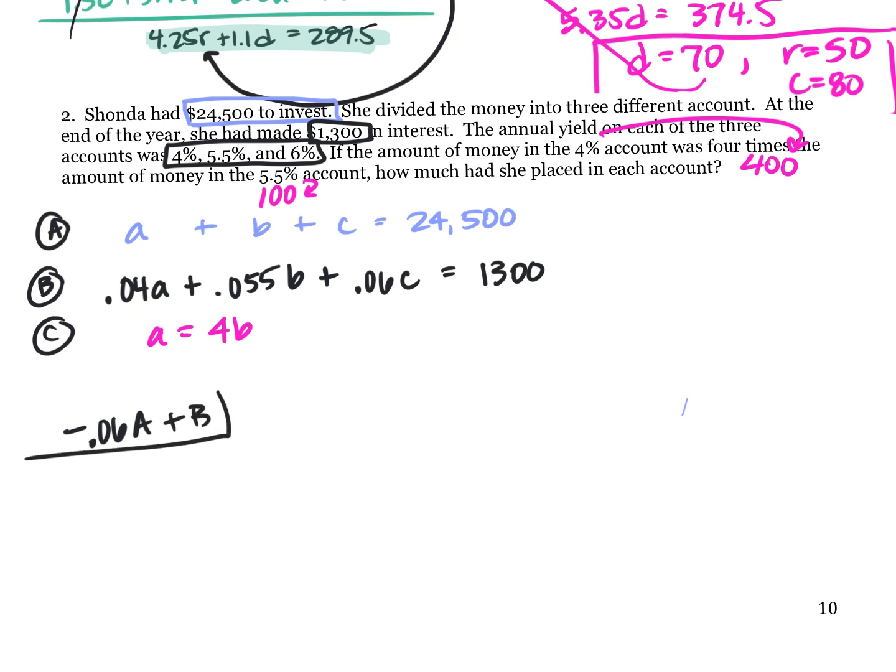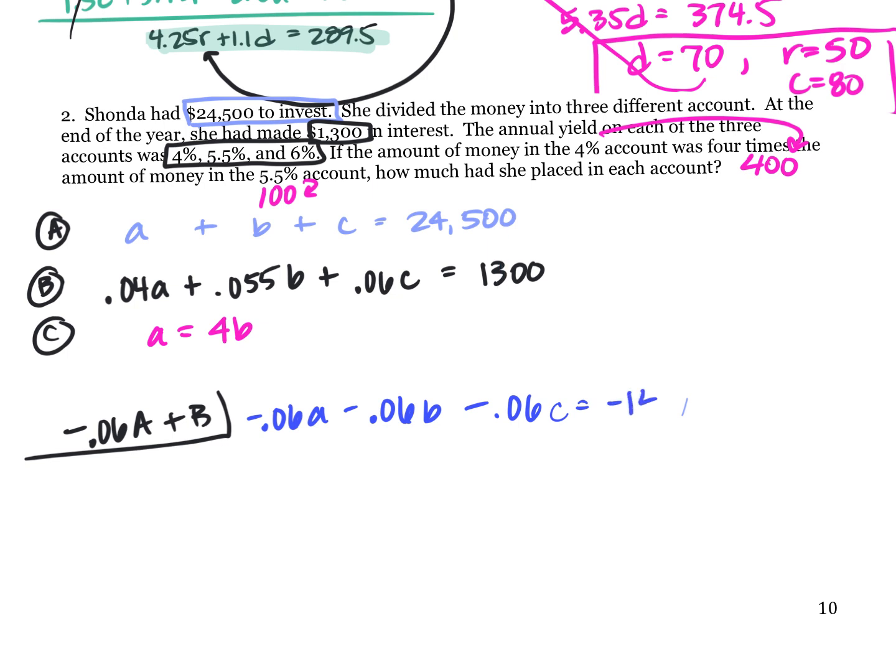What are we going to get for that first part? Negative 0.06a and negative 0.06b minus 0.06c. Do I need to multiply this by negative 0.06? Yes, that's so easy to forget. What did we get when we did 24,000 times the negative 0.06?